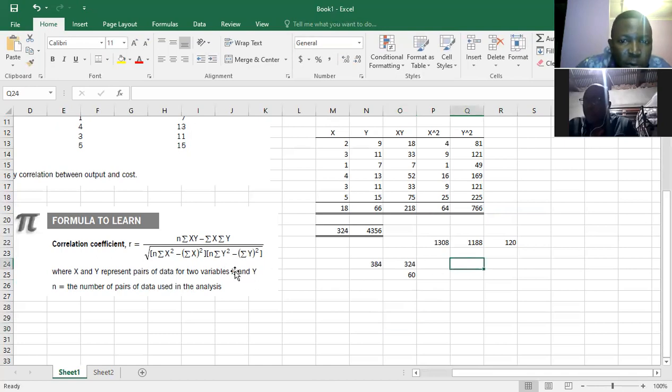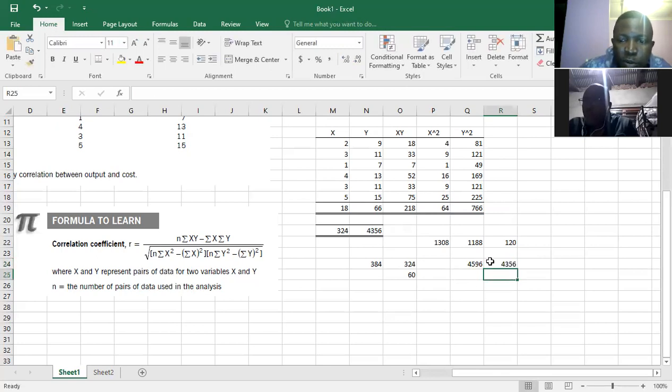Summation of y squared is this one times n. So it will be 6 times this guy. Then this side we already have the number there. It's this one.